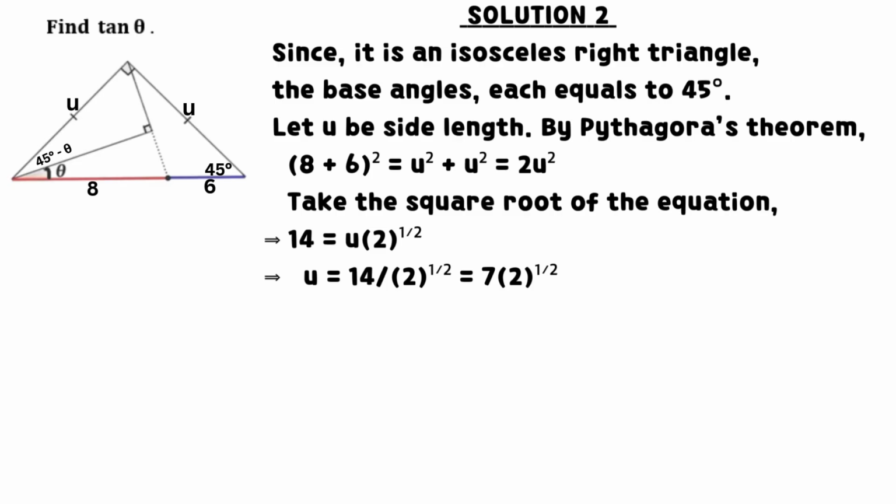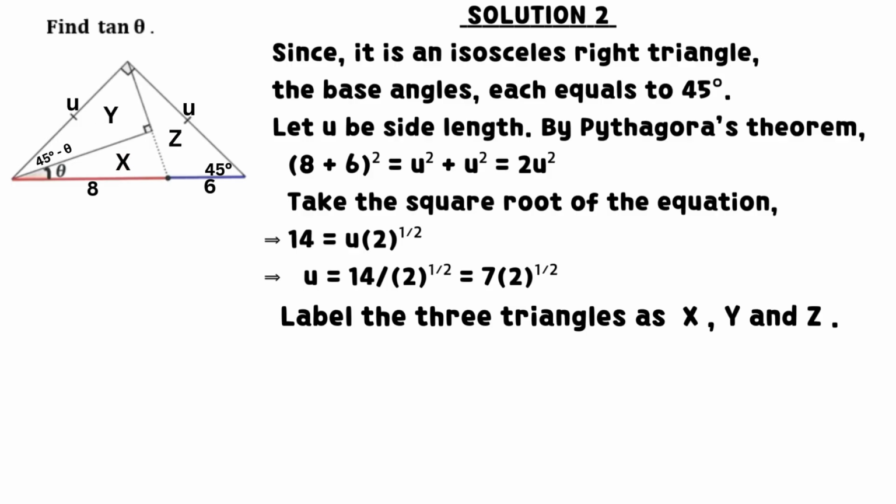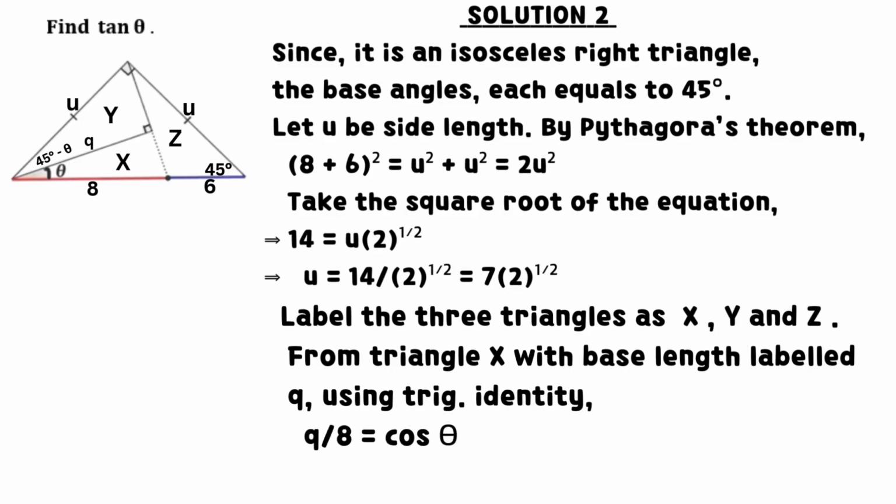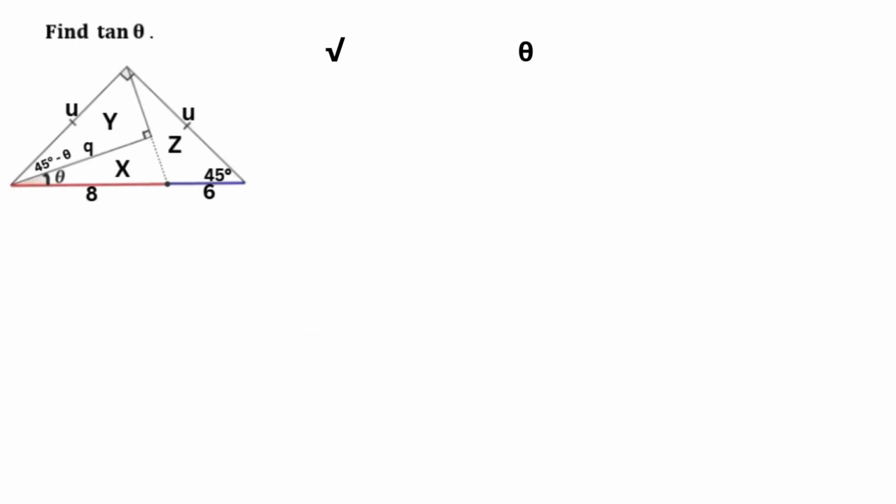Label the 3 triangles as X, Y, and Z. From triangle X with base length labeled Q, using trigonometric identity, Q divided by 8 equals cosine theta. Q divided by 7 times the square root of 2 equals cosine of 45 degrees minus theta, which equals the sum of cosine theta and sine theta, all divided by the square root of 2.